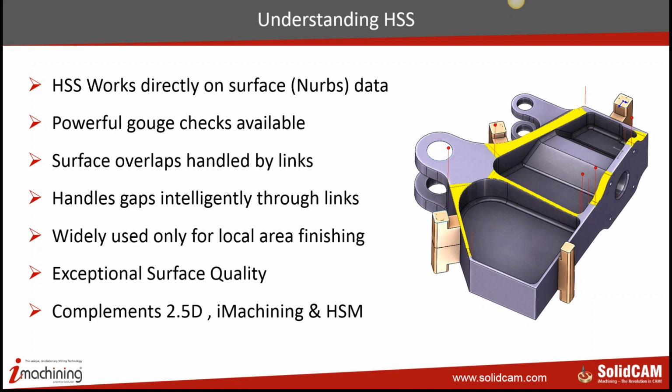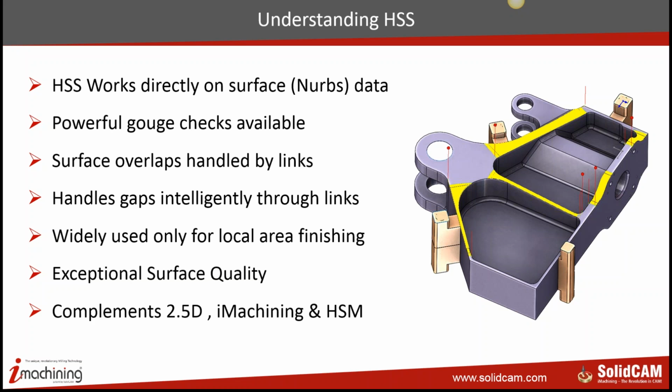Generally, HSS is used only for local area finishing. Only in some cases you will see that it will also be used for roughing out certain areas. Otherwise, broadly speaking, 99% of the time, HSS is used only on local areas. For example, you could have fillets that you need to machine. You could have chamfers that you need to finish.